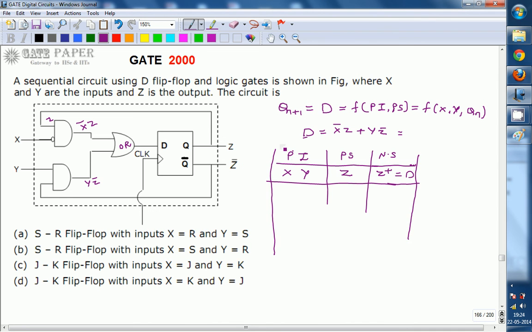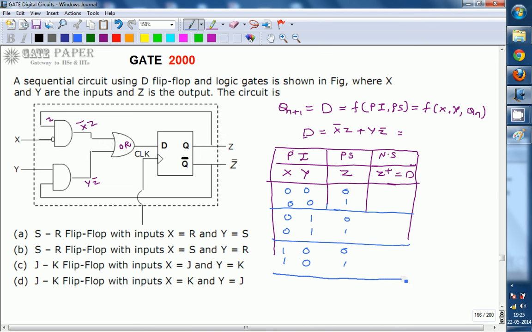From this, if XY has the values 0 0, the present state may be 0 or 1. Similarly, XY equal to 0 1, at that time also the present state may be 0 or 1. Next, for present inputs 1 0, the present state may be 1 or 0.